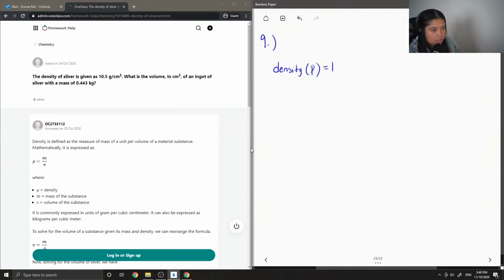So density is equal to 10.5 grams per centimeter cubed. We're looking for volume in centimeter cubed, and we are also given the mass, which is 0.443 kilograms.